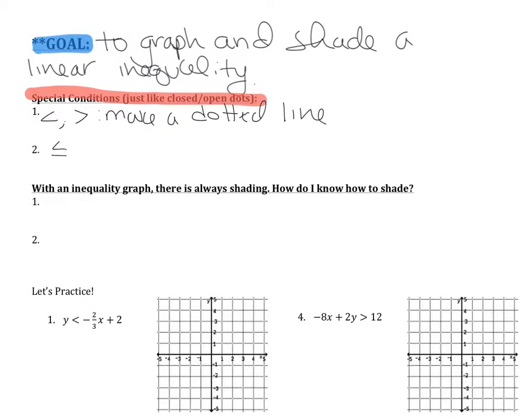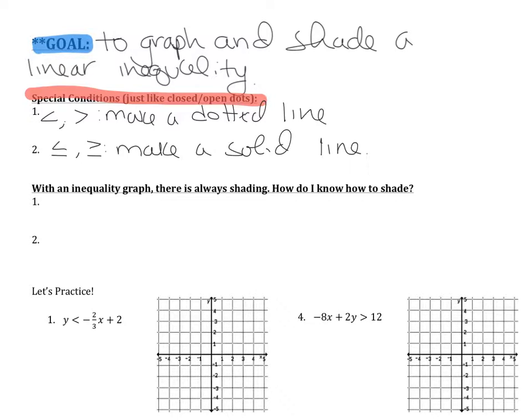If I have less than or equal to or greater than or equal to, I'm going to make a solid line. So if my symbol would be a closed dot, then it's going to be a solid line. If it'd be an open dot, it's going to be a dotted line.